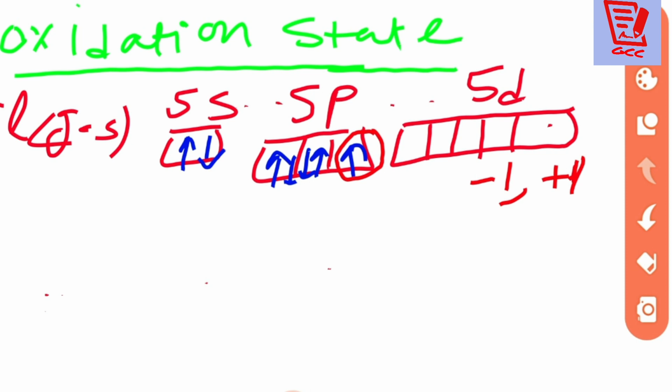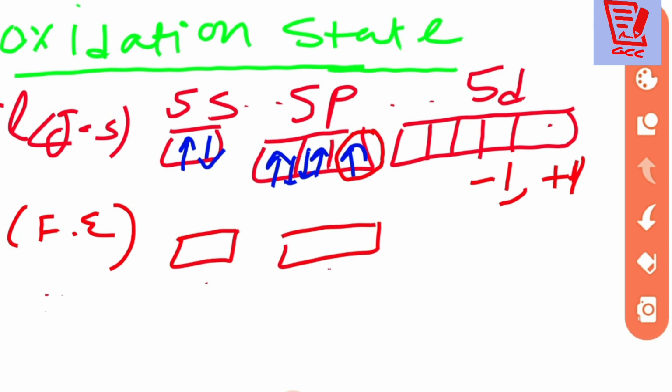Now for chlorine in the first excited state, please write it fully. This is the p, and this is the d, 1 2 3 4, a total of 5 orbitals.